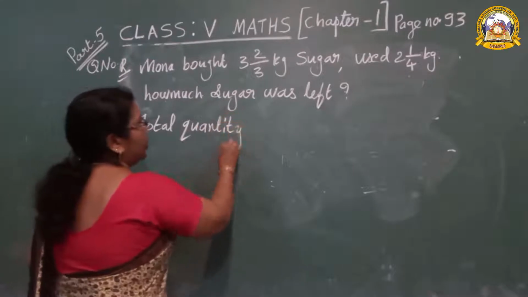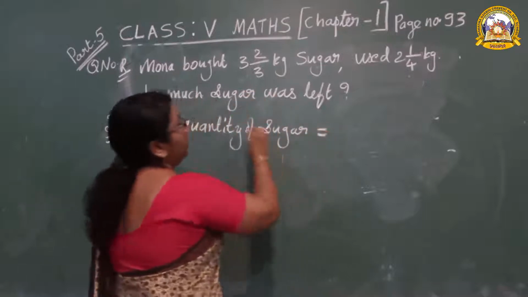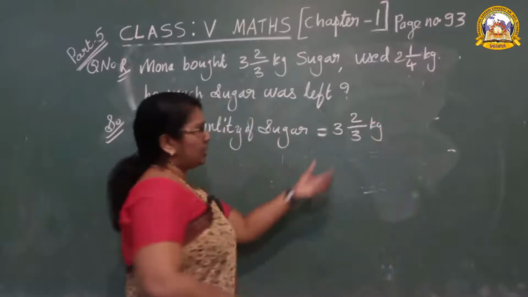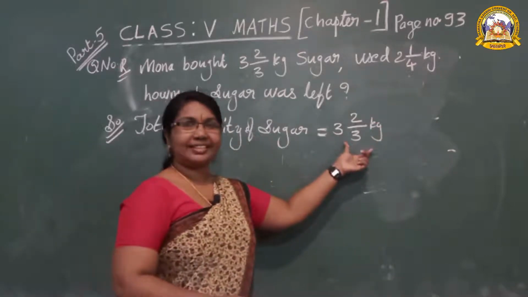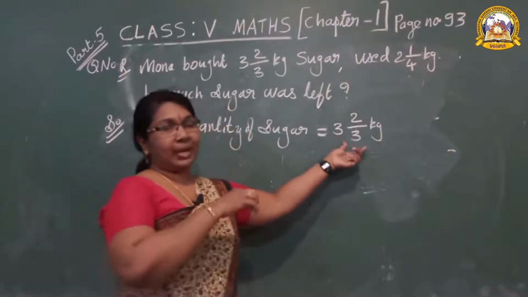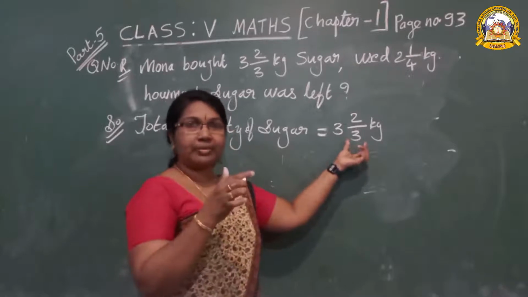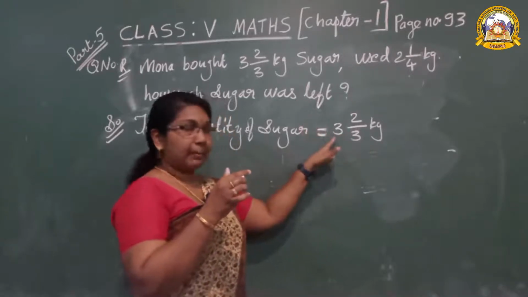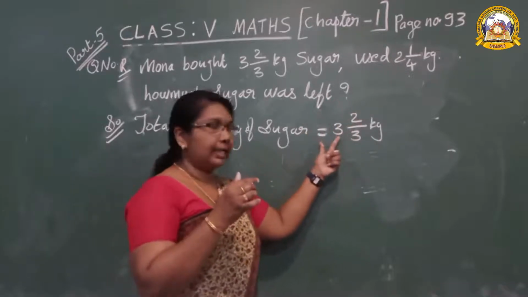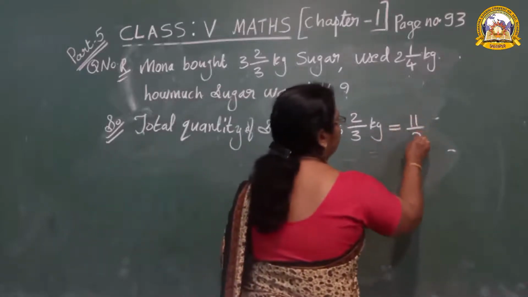Total quantity of sugar. How many kg of sugar did she buy? 2 1/3 kg. Can you say what kind of fraction it is? Yes, very good, mixed fraction. In part 4 we studied how to convert a mixed fraction into an improper fraction. 3 multiplied by 3 plus 2. 3 3s are 9. 9 plus 2, 11. 11 by 3.